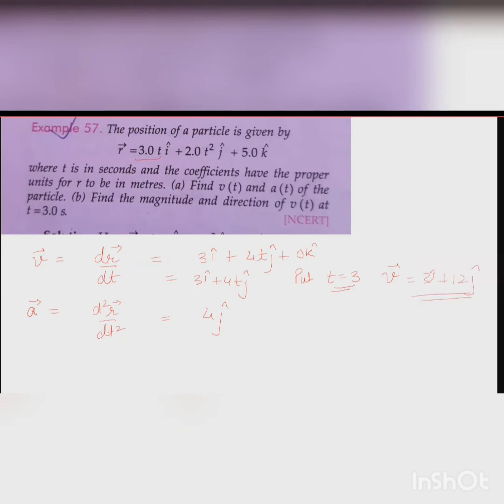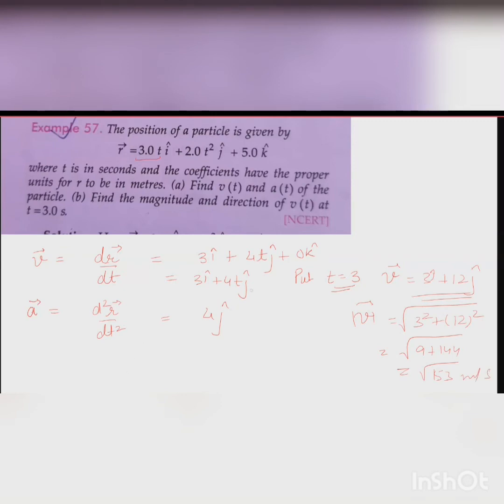Now, if I have to find the magnitude, it would be under root 3 square plus 12 square, so 9 plus 144, which is under root 153 meter per second.